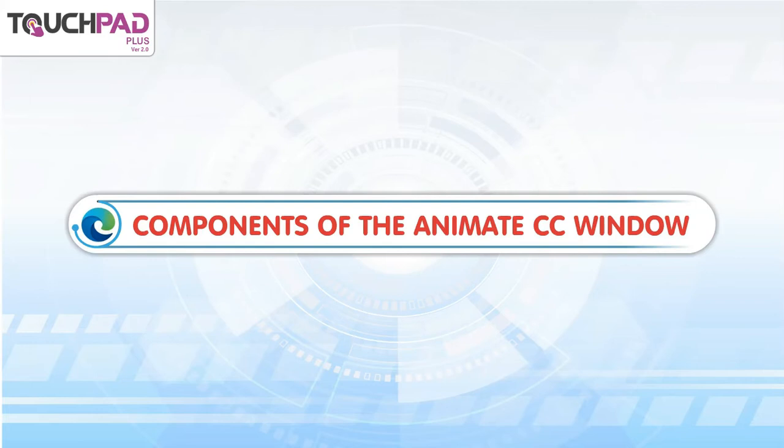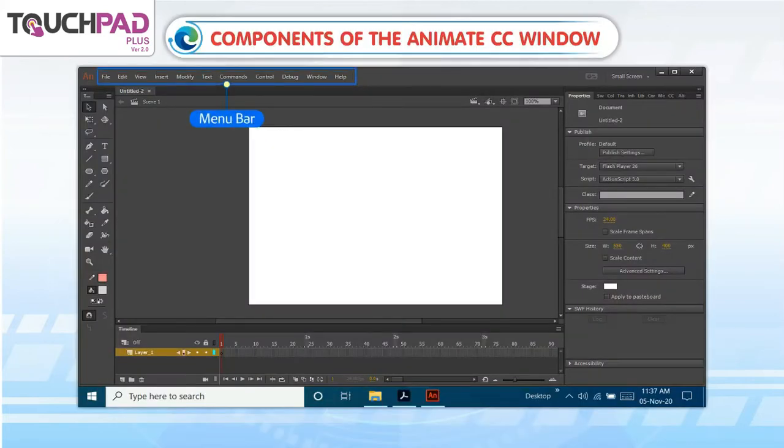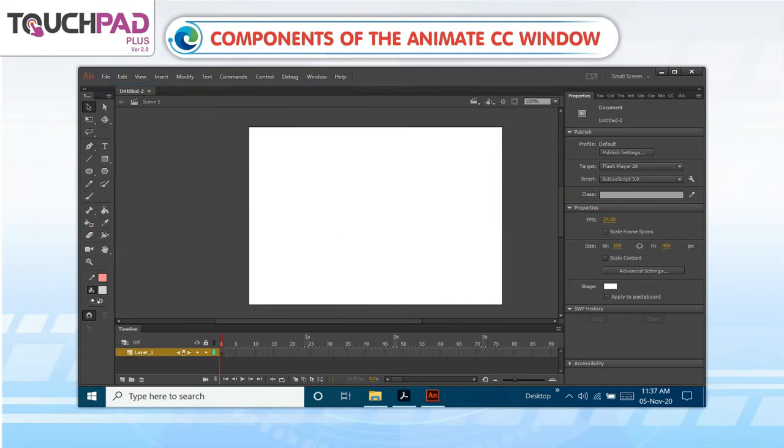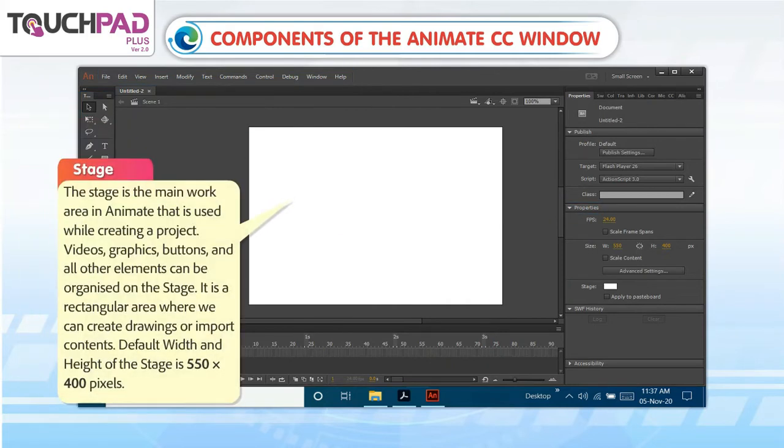Components of the Animate CC window. Menu bar, Stage, Pasteboard, Properties panel, Tools panel, Playhead, Timeline. Stage. The stage is the main work area in Animate that is used while creating a project.